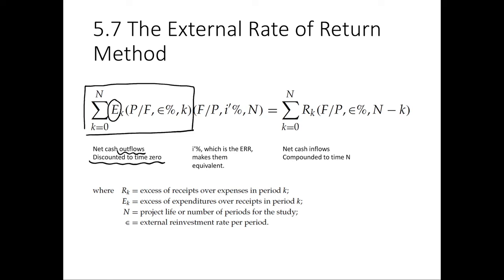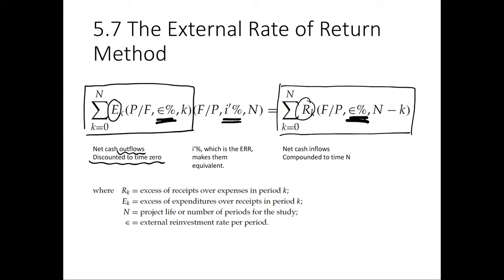And then on the right side, this is to convert all the revenues, the incomes, to a future time. And you see that these conversions are made by using the epsilon percent. That's the interest rate of the external project.